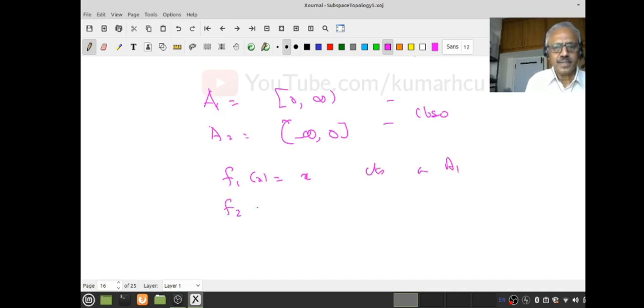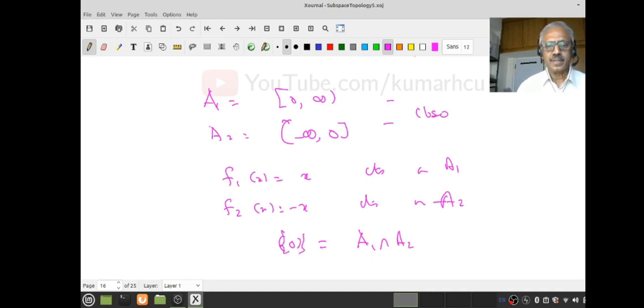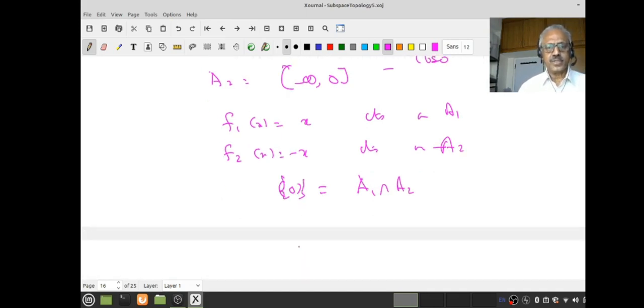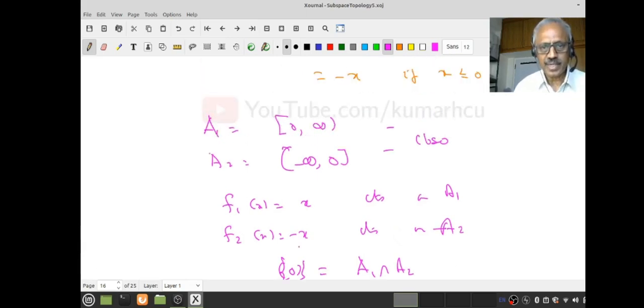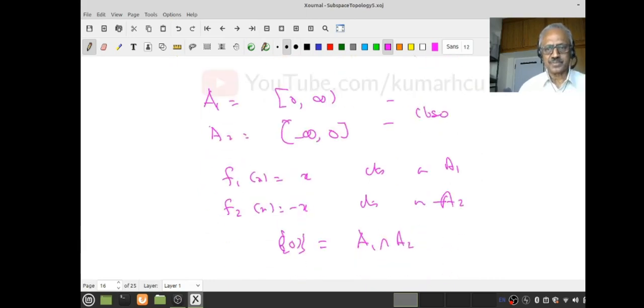And similarly f2 of x equal to minus x is also continuous on A2, right? And what is A1 intersection A2? That is the singleton 0, and on that they coincide. f1 of x is the same as f2 of x, namely 0. Therefore the modulus function is continuous.